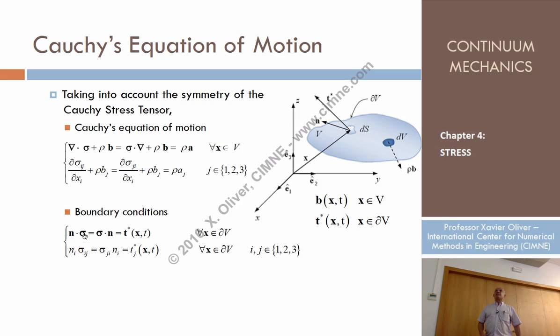And also n_i sigma_ij can be written, as sigma_ij is sigma_ji, as sigma_ji times n_i, so this is the index counterpart of sigma times n. So n times sigma equals sigma times n. So we'll write always the boundary condition at the boundary as sigma times n or n times sigma equal t. And Cauchy's equation of motion in either way. Due to symmetry, to be proven. The symmetry to be proven.